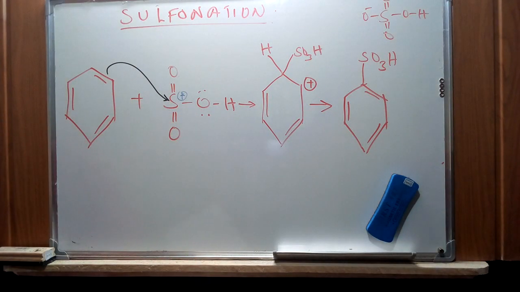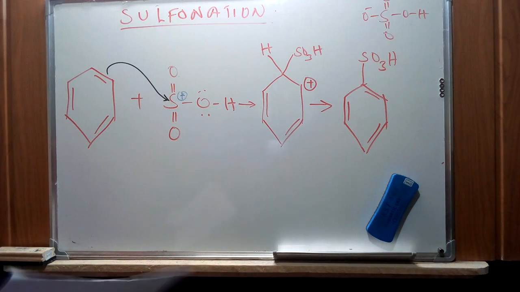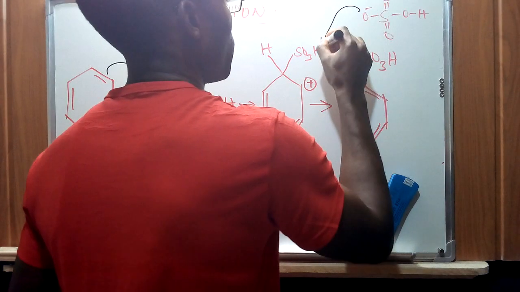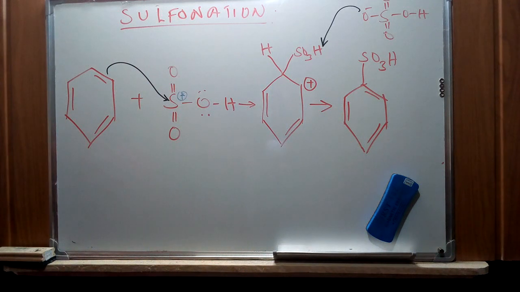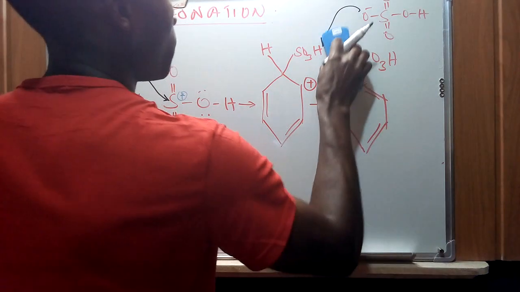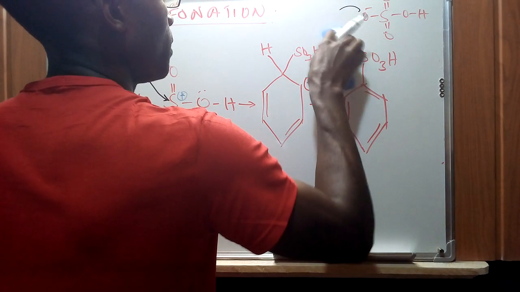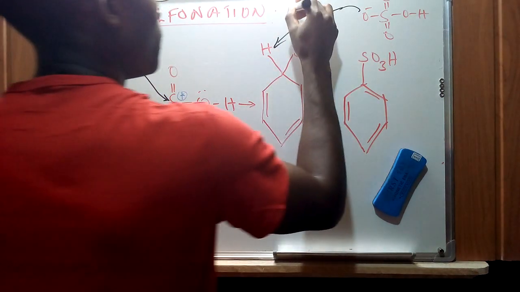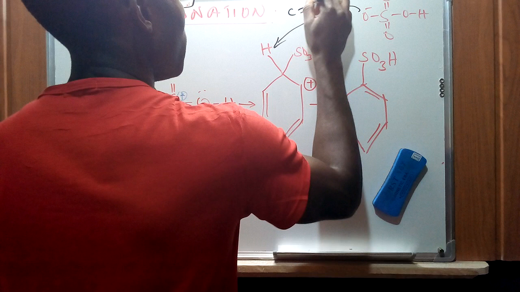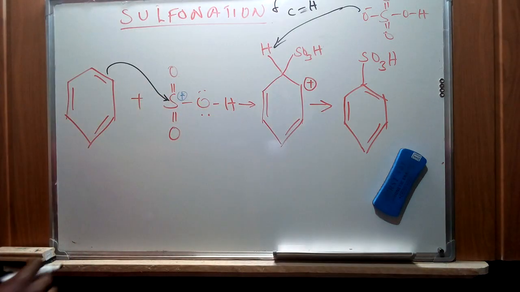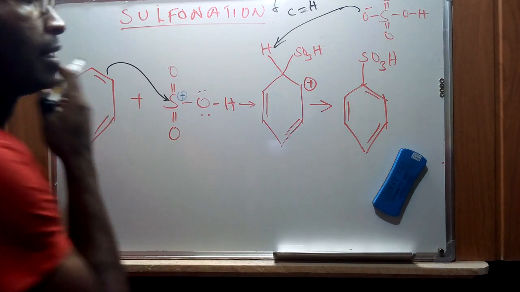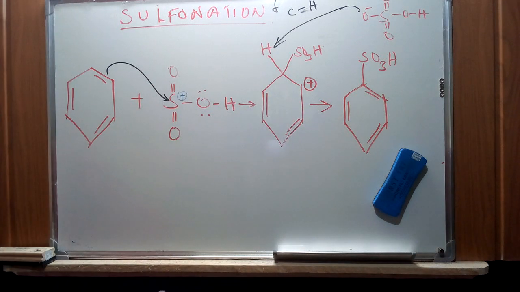That nucleophile is going to pick this proton from this point. It's going to form a sigma bond with the hydrogen, and break the sigma bond between the carbon and hydrogen at that particular point.